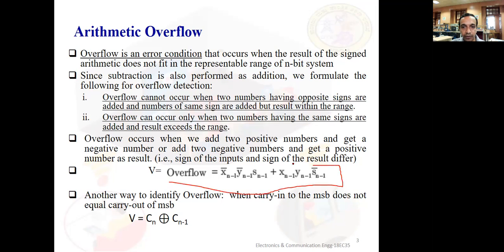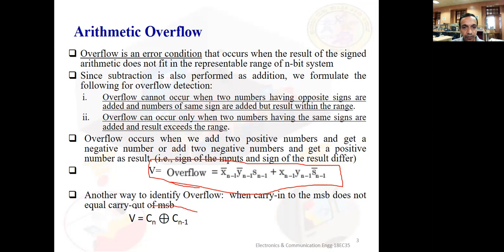The other condition is to observe the carry into the MSB position and the carry out of the MSB position. Carry out of the MSB position, called the end carry, is always discarded, as I said, but we'll observe it. If there is a carry into the MSB position or a carry out of the MSB position exclusively, that means only one of them occurs, then there is an overflow.